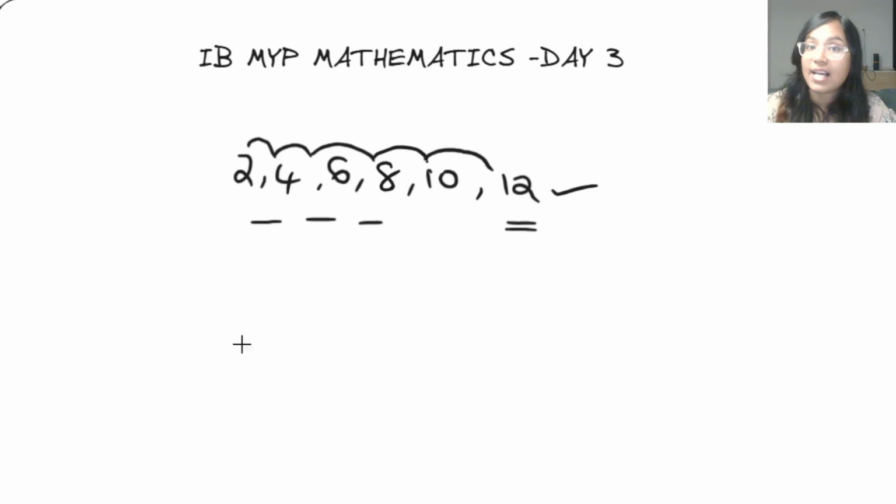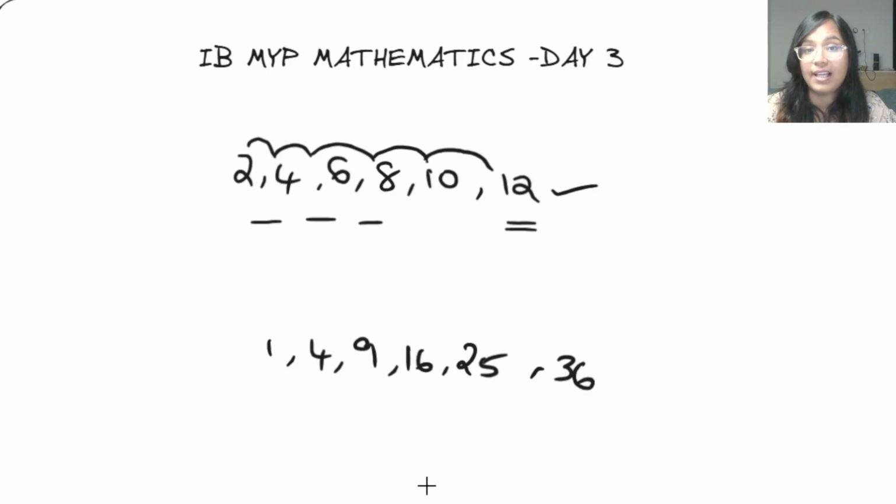Let's investigate another pattern: 1, 4, 9, 16, 25. The answer is very nice, 36. So how did you get that answer? Just explain the process.